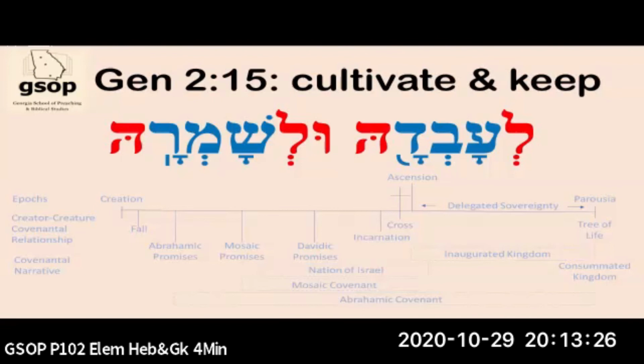So some will see that these words, shamar and avad, are used a lot in Numbers. And what do you find in Numbers? You find priestly duties. Numbers 3, verse 4. Verses 7 and 8. Numbers 8, verse 26. Numbers 18, verses 5 through 6. And you also see these words used in Genesis 2, verses 23 and 24.